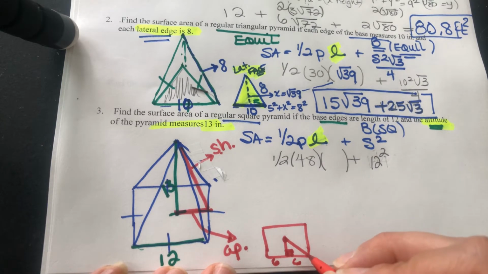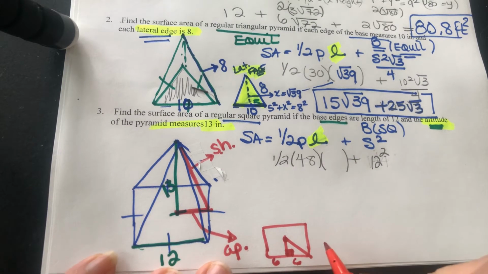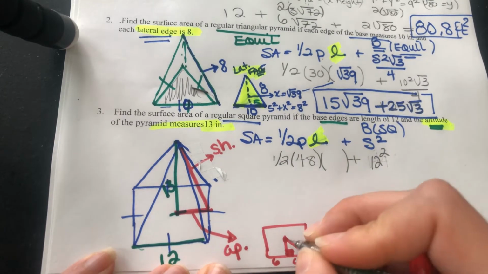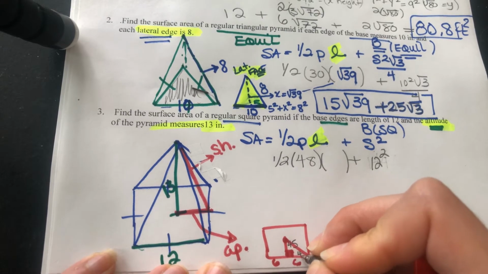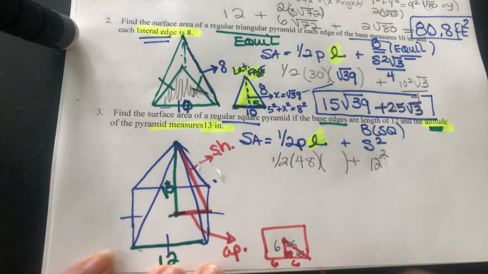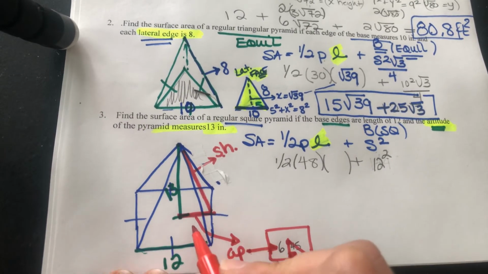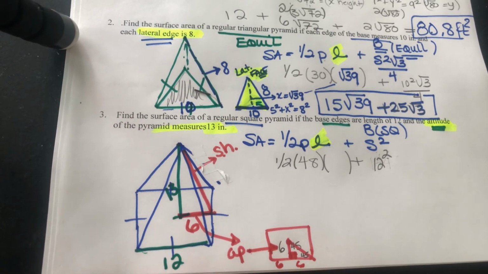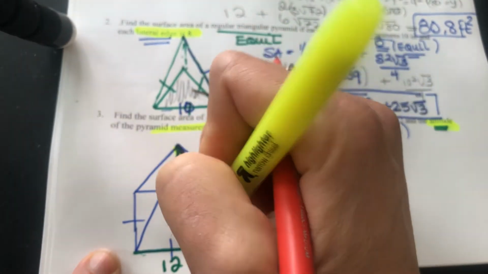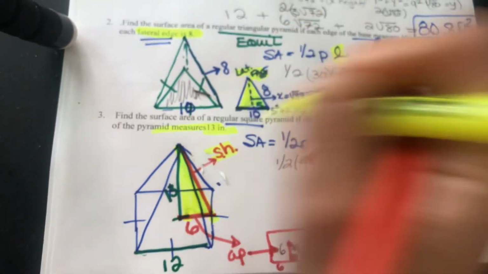Then you do 360 divided by 4, which is 90, divided by 2. So this is 45 and this is 45. That means my apothem is 6. Apothem 6, so this is 6. This is what we're going to use to find our slant height.